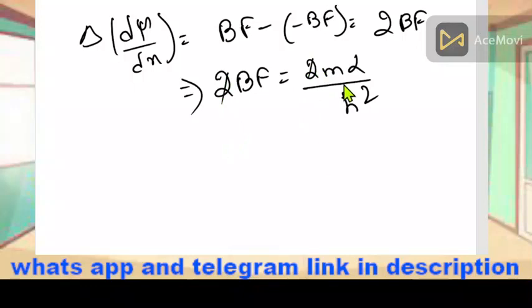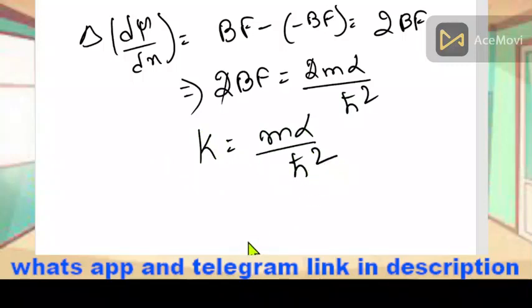So this 2 cancels. Just wait a minute. From this we can write k is equal to m alpha by h bar square. So we can evaluate this k.